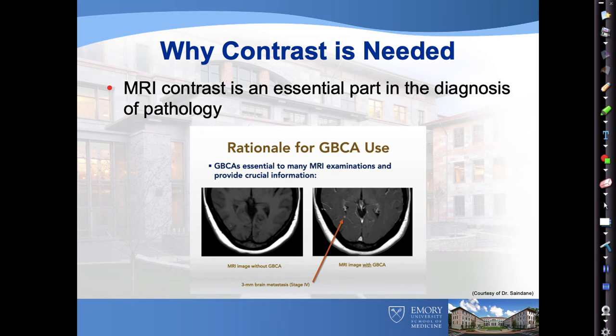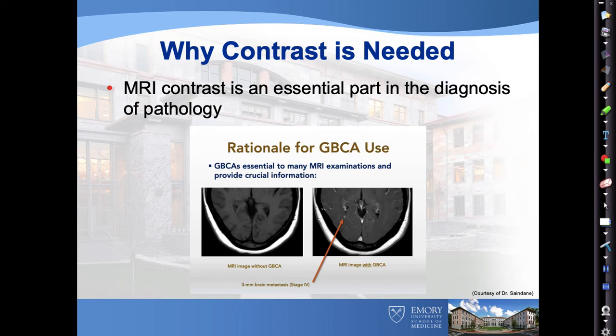Gadolinium-based contrast agents are used every day to help radiologists accurately detect and diagnose a wide range of pathologies that might have gone undetected without contrast enhancement. MRI contrast is an essential part in the diagnosis of pathology.